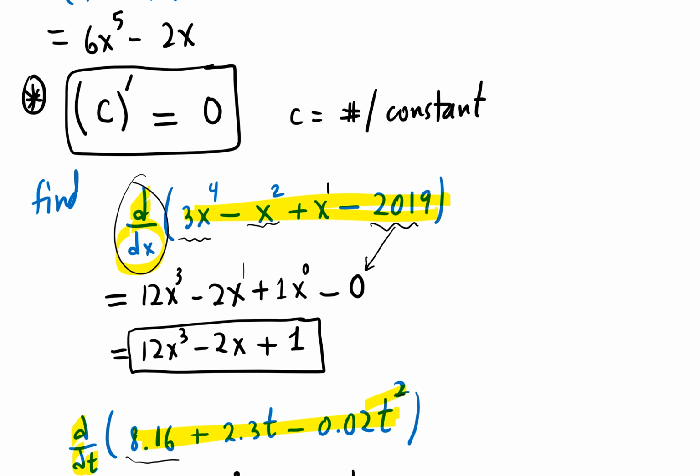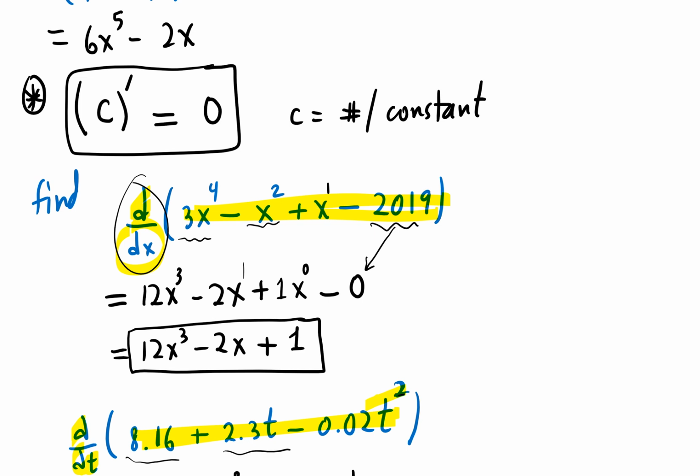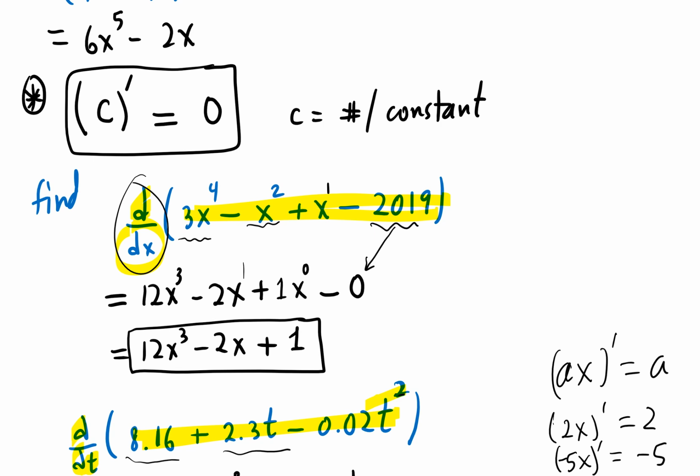So the derivative of 8.16, a constant, is 0. The derivative of this one here is 2.3. Always, the derivative of ax, where a is a constant, is simply a. The derivative of 2x is 2. The derivative of 5x or negative 5x is negative 5. So here it's simply 2.3.